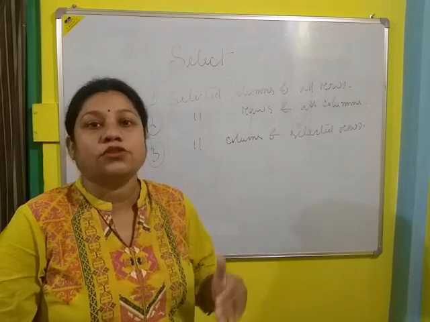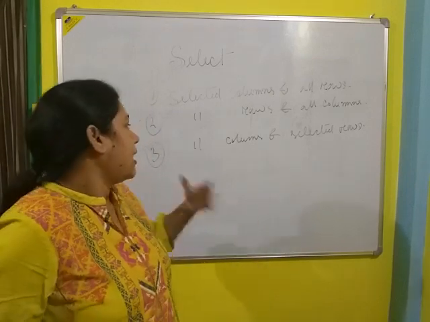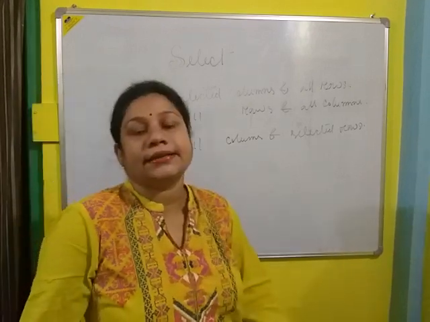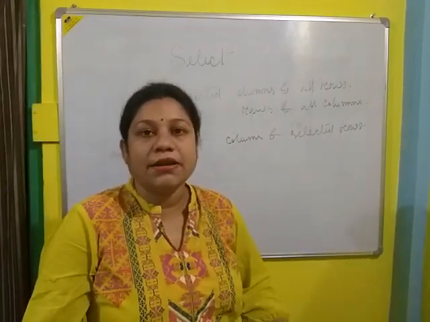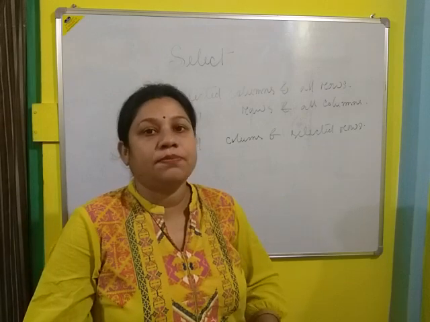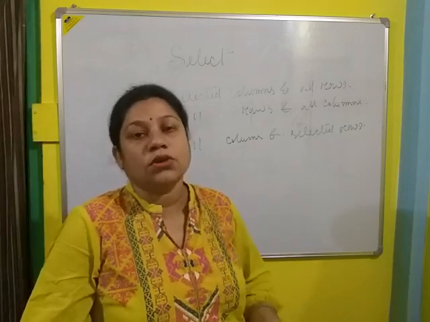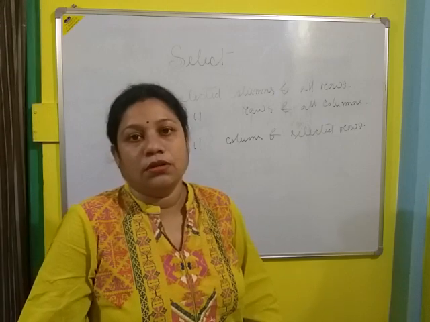In the third method, selected columns and selected rows, we display the required columns and required rows of the table.